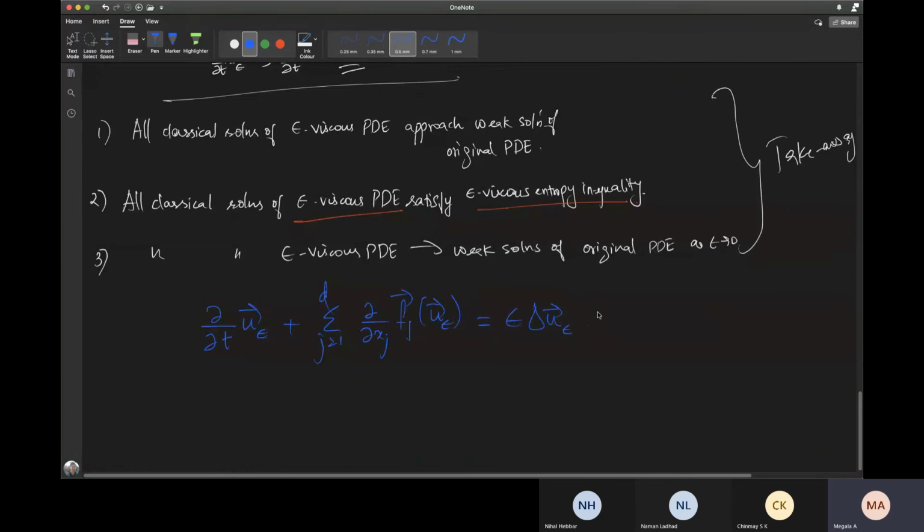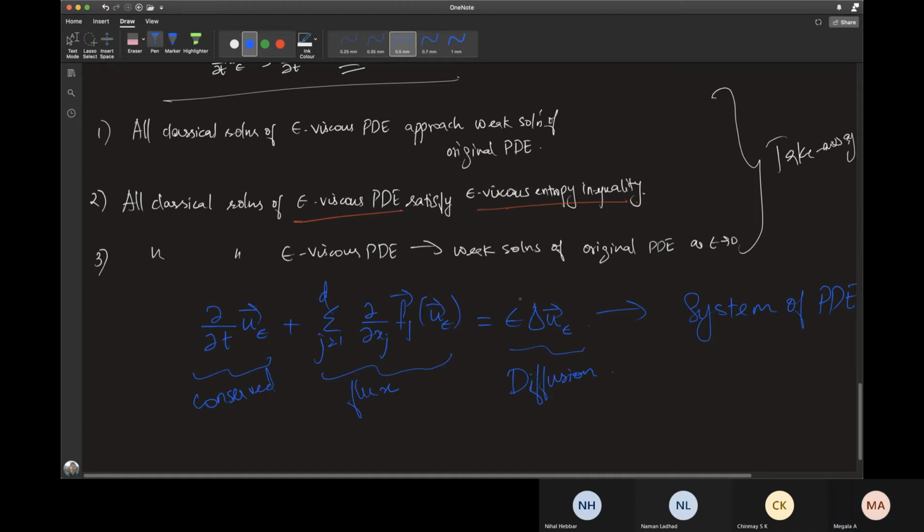So let's just consider it as some general system of PDEs. Now, this is one system of PDE with a right-hand side term, along with the derivative in time, flux term. This is the conserved variable vector. This is the flux vector, flux term, and this is the diffusion term.